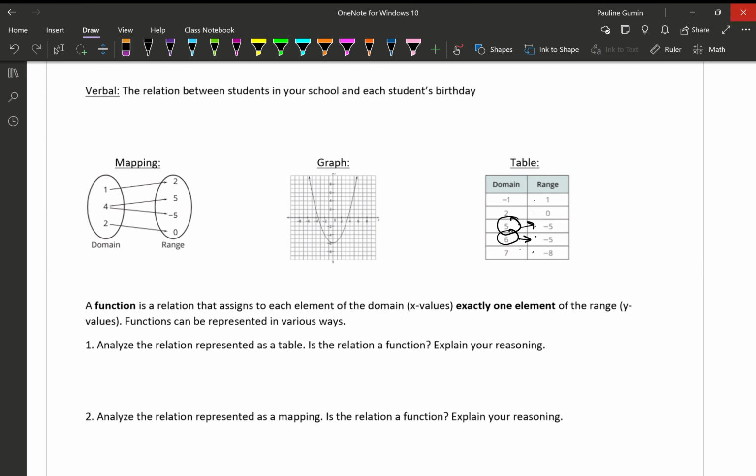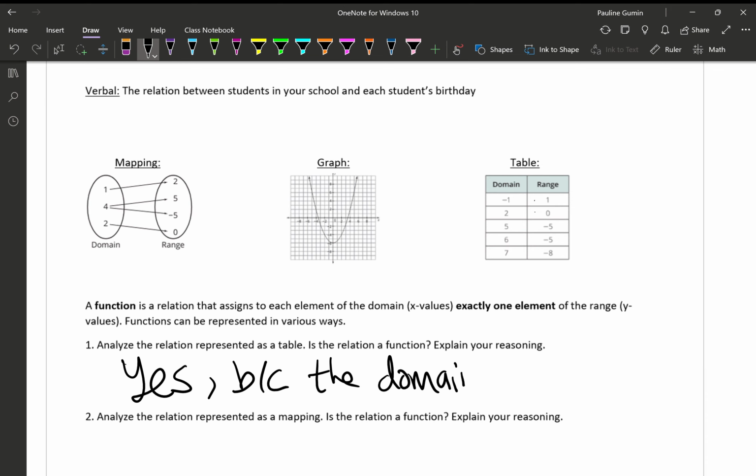At different times, obviously, if we're going with this monogamous relationship analogy. So, the table, yes, it's a function, because the domain doesn't repeat.